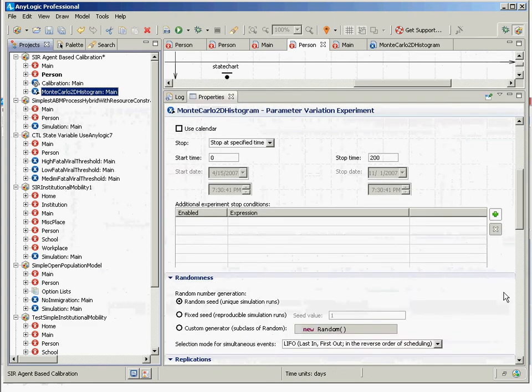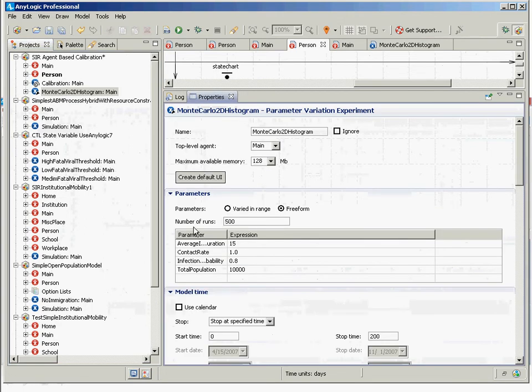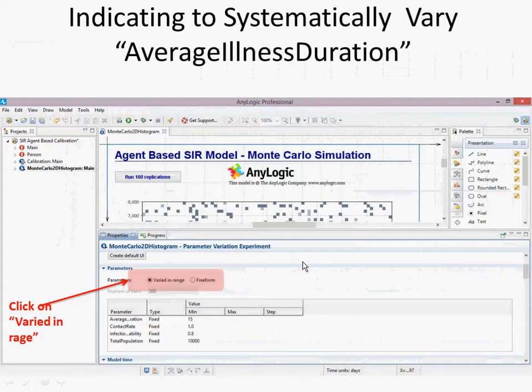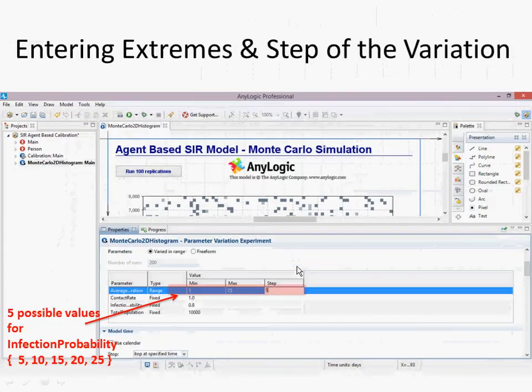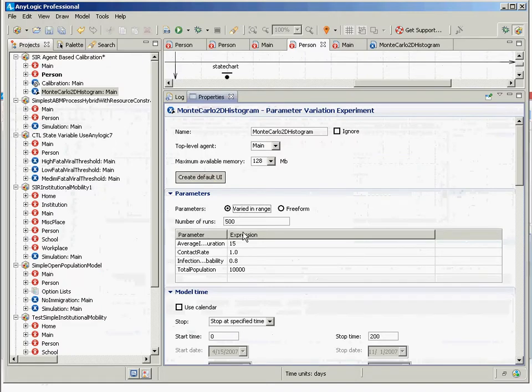We've used parameters in experiments in this form before to vary our parameter assumptions, but now we're going to do it in a systematic way as we vary those parameters. So specifically, we need to select varied in range, okay? When we do this, we should be able to specify several different values here. Why am I not seeing that interface here? Okay, so there we go. I just didn't click it properly.